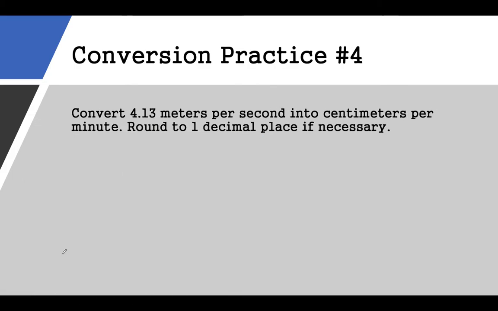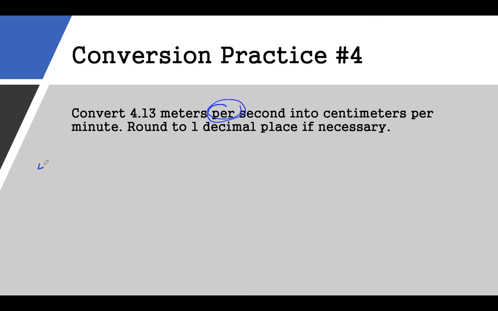Let's use that info for problem number 4. Convert 4.13 meters per second into centimeters per minute. This is a double step. I'm going to start the same way, but note that this word per is very specific in science. It means to divide.